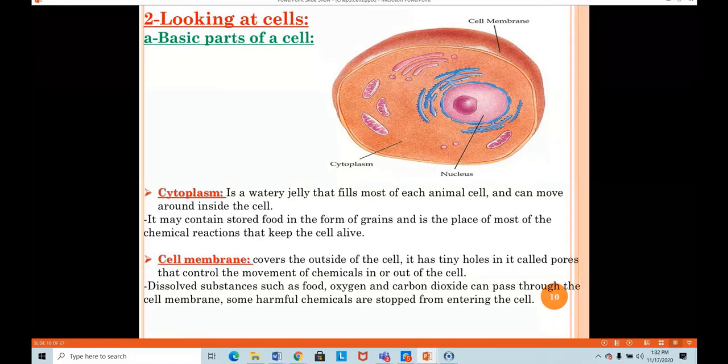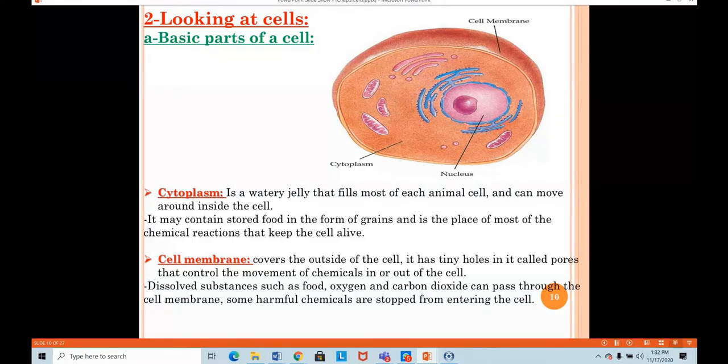So the storing function is done by starch or glycogen, whereas producing energy is done by mitochondria. Clear, Hannah? That is why more mitochondria are present in the active parts of the body, like the muscles and the nerve cells.